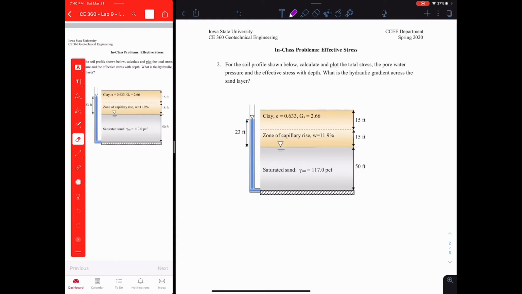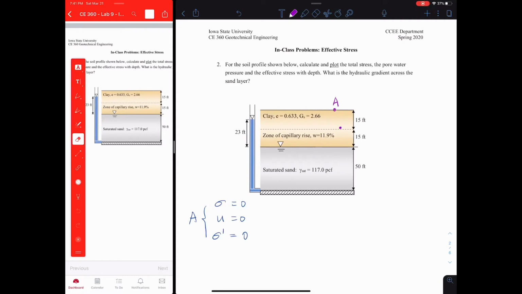Okay, let's start from point A, which is at the top of the soil layer. For point A, the total stress, pore water pressure, and the effective stress should all be 0. And point B, I would like to set it to be here.